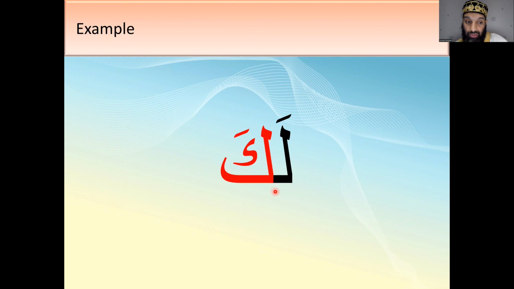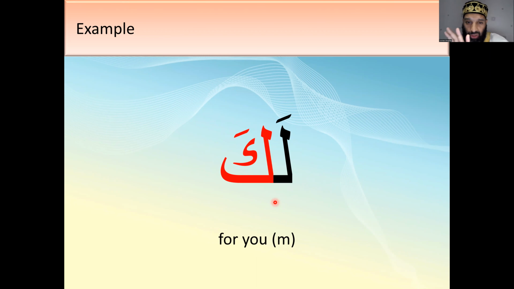Laka means for you, masculine, right? Again, that template you've got today, that table comes everywhere, so give it extra attention. If you're struggling, drop all the duals. If you're struggling even more, drop all the feminines. But the masculine singular, the masculine plurals and the first persons, you've got to know them.